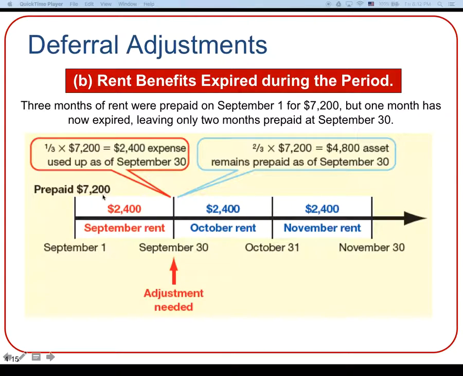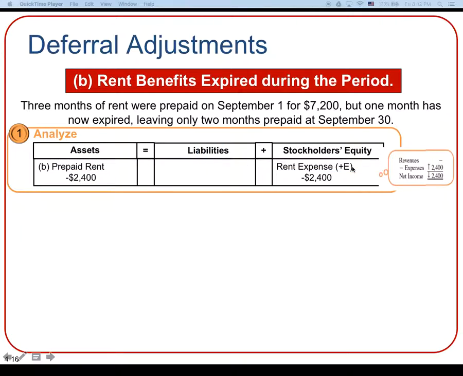So your balance of the prepaid account is no longer $7,200. Now your balance of the prepaid rent should only be $4,800. So now you decrease your prepaid rent by $2,400. This is 1 month's worth of your rent for September. And then you increase your rent expense by $2,400 because your rent expense has already been incurred.